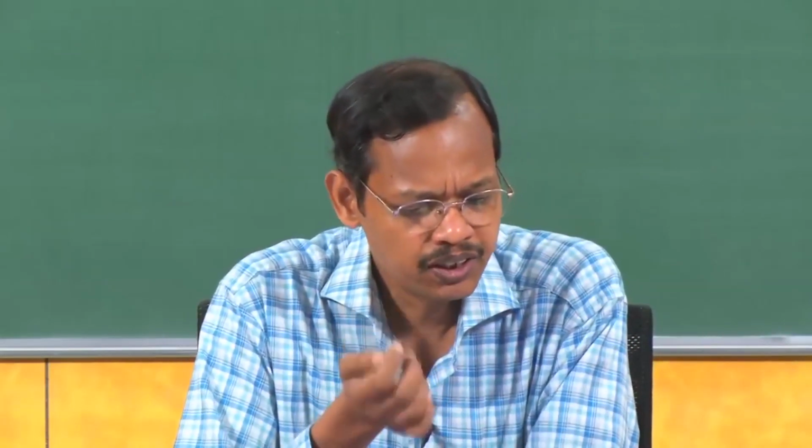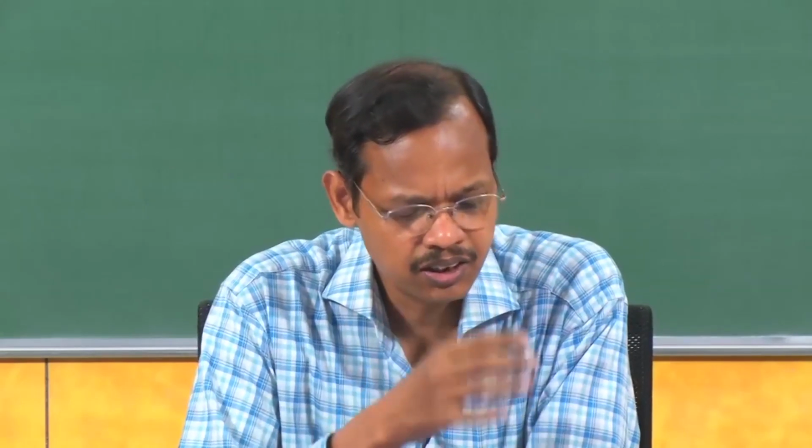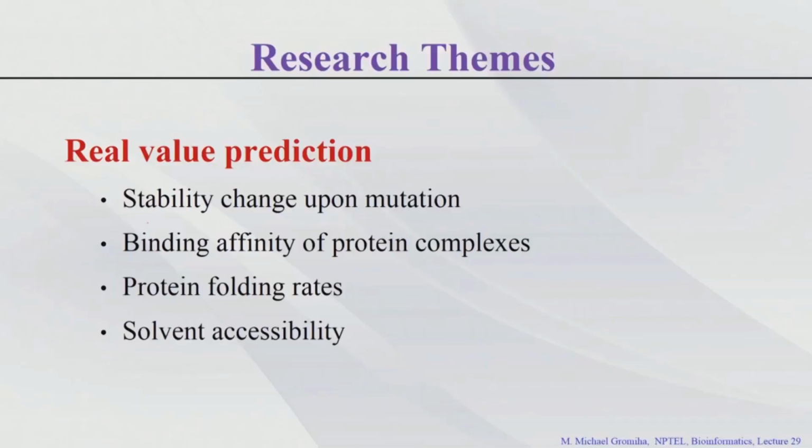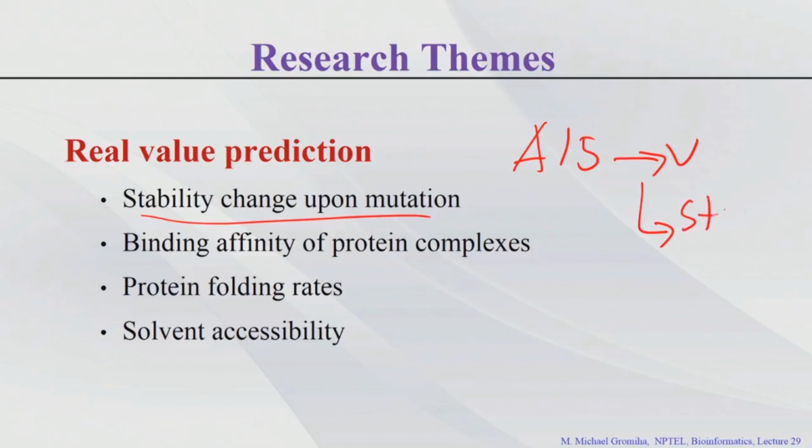Okay, then you go to real value prediction. Here there are various problems which can give an exact real value. For example, stability change upon mutation. For example, A15 is mutated to valine. Earlier we discussed whether this will stabilize or destabilize.